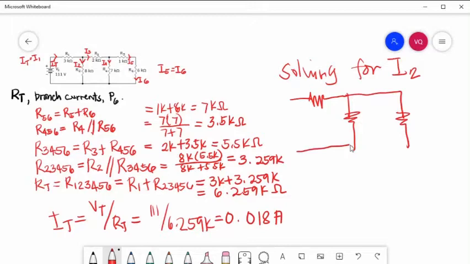Like this, this is your R1 with the total current. This is your R2, and this resistor will be the combination of R3, 4, 5, and 6. This is the direction of your I2 and I3456.